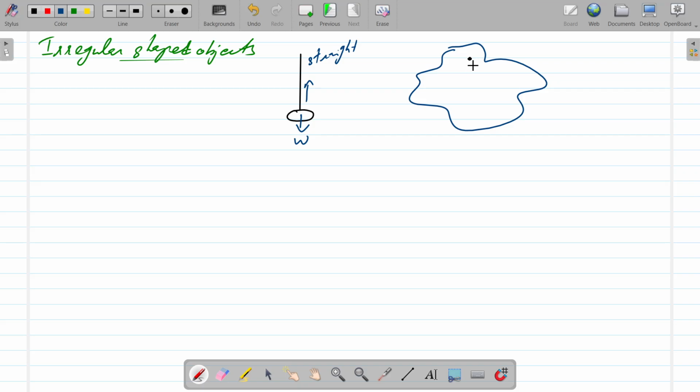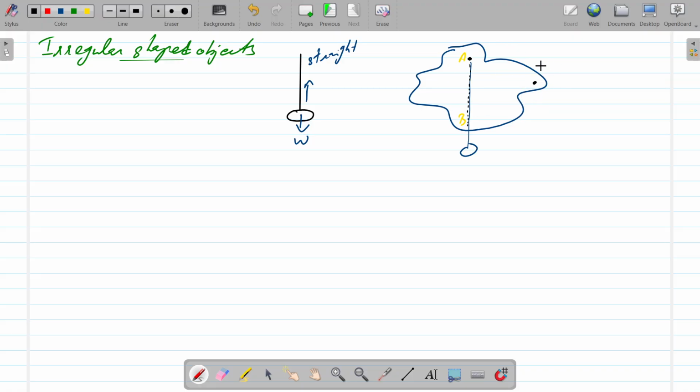So you use a plumb line over here, you hang it, and then you draw a line over that. Let's call these points A and B, and then you take another point, for example, somewhere over here, and you hang it.